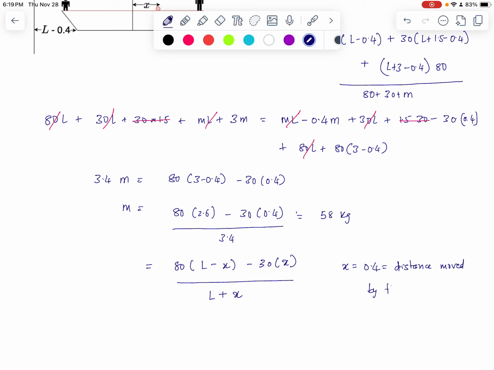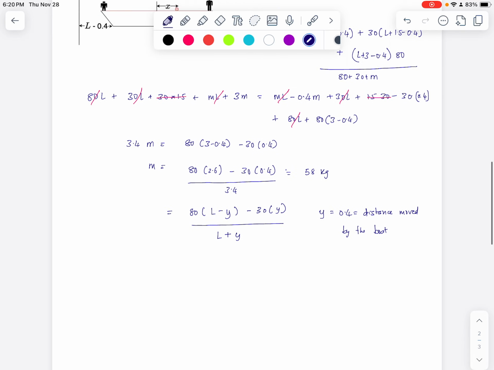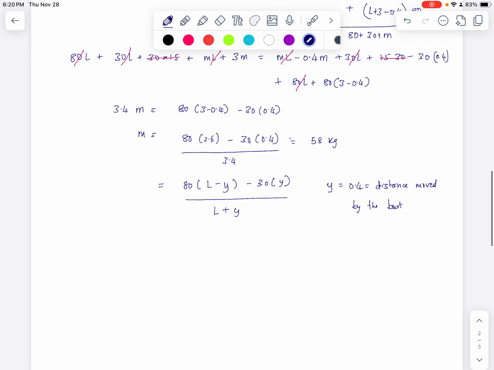Just to avoid confusion, since I've written x up here, let's write this as y. So that's the interesting thing to observe.